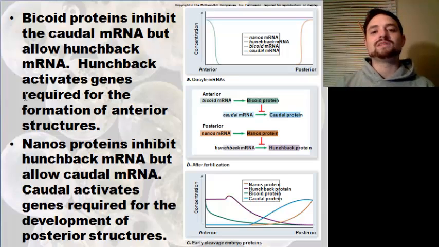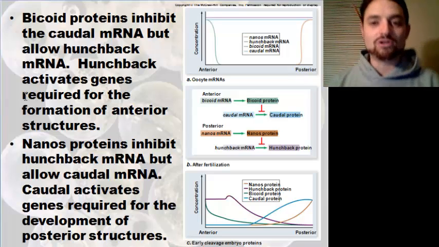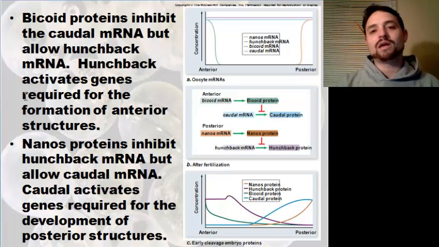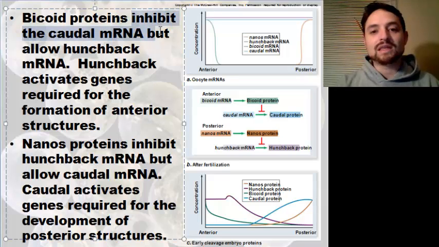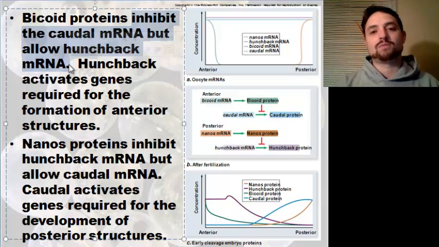Bicoid proteins inhibit the caudal mRNA, but allow hunchback mRNA. We're going to throw in a bunch of other terms now. You've got the bicoid mRNA that produces bicoid protein. But what does bicoid protein do? That's discussed right here in this first line. Bicoid protein inhibits the caudal mRNA but allows hunchback mRNA.